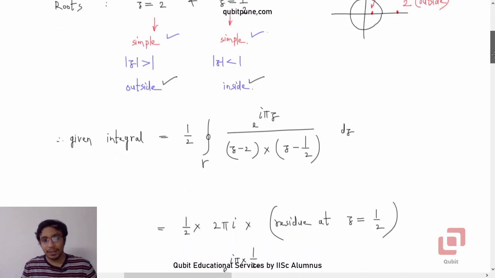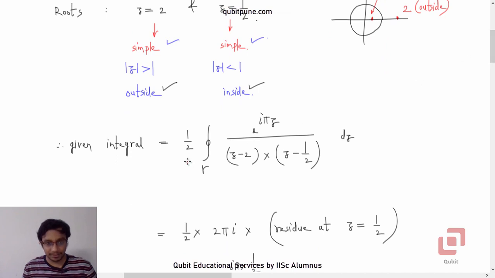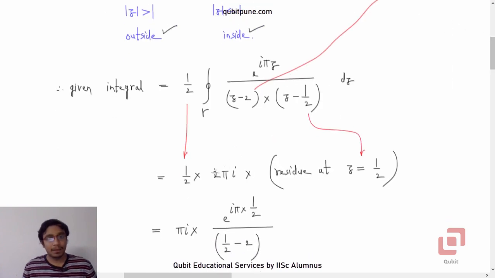So I'll keep 1 upon 2 as it is. Now this integral is going to be 2 pi i times the residue at simply 1 upon 2. Why 1 upon 2? Because although z equal to 2 is a simple pole, it lies outside, so there's no need to calculate the residue there.